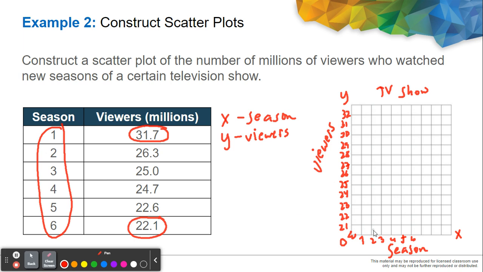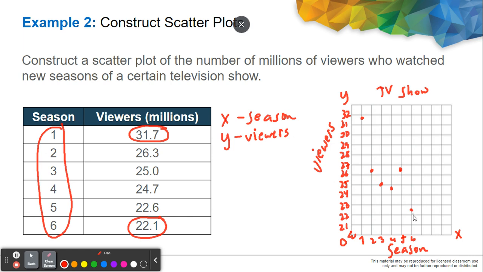So for the first season, we have 31.7, it's here. For the second season, we have 26.3. So let's say it's somewhere here. Third season, 25. Fourth season, 24.7. Fifth season, we have 22.6. Let's say here, 22.6. And then we have sixth season, 22.1.